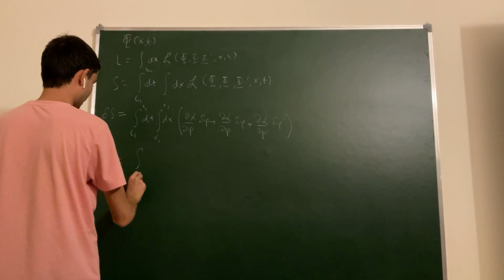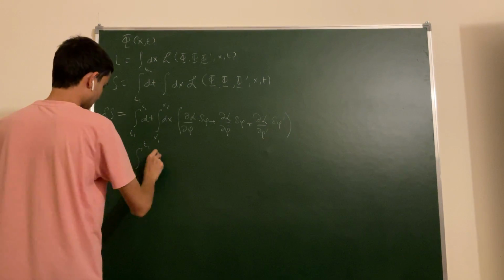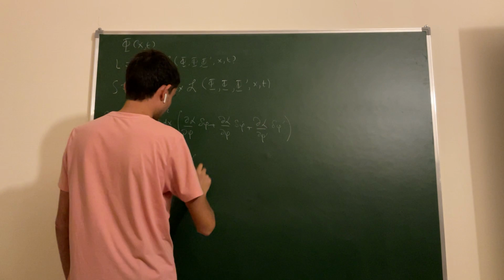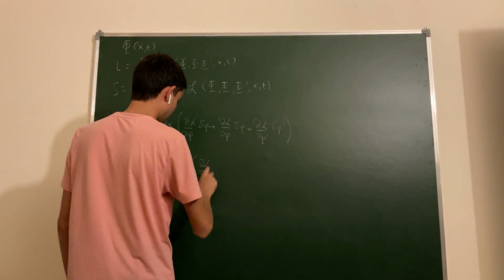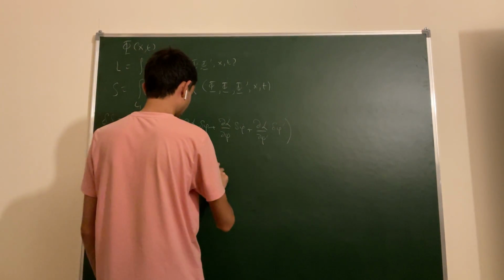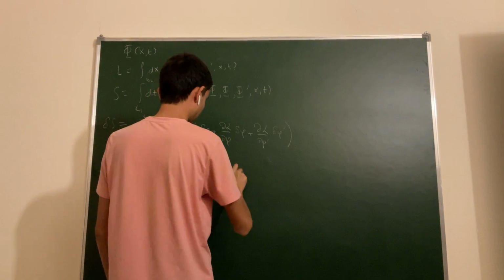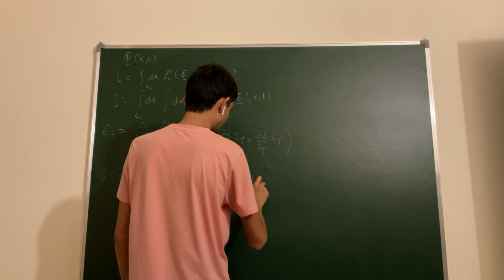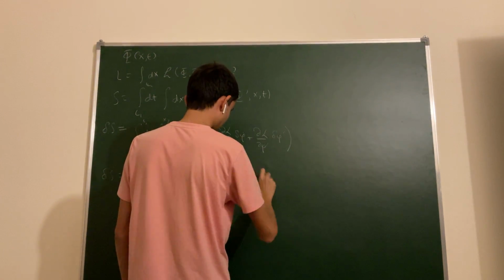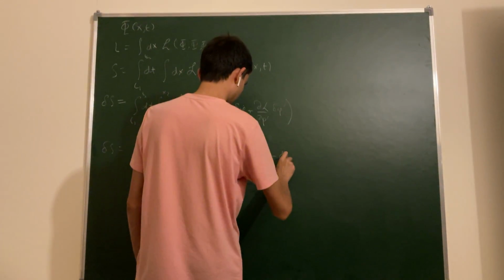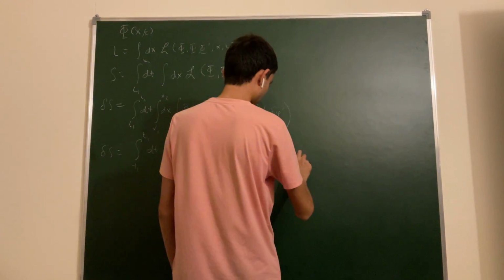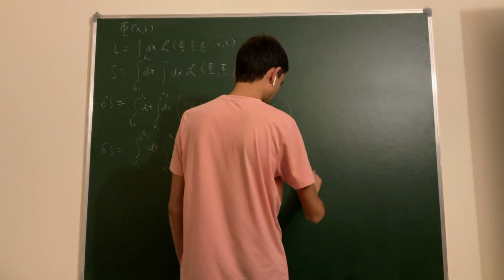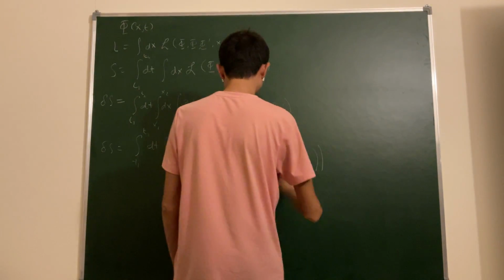So we'll have from t1 to t2 dt, from x1 to x2 dx, del L upon del phi, del phi, minus d upon dt of del L upon del phi dot, minus d upon dx of del L upon del phi dash. So this is it.